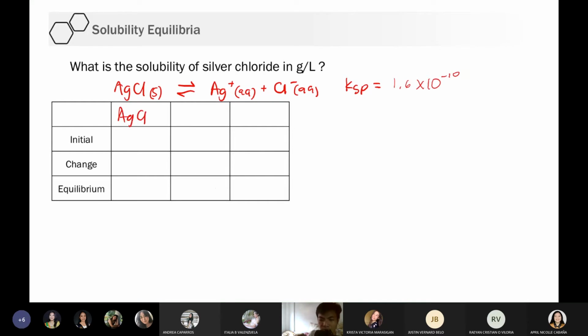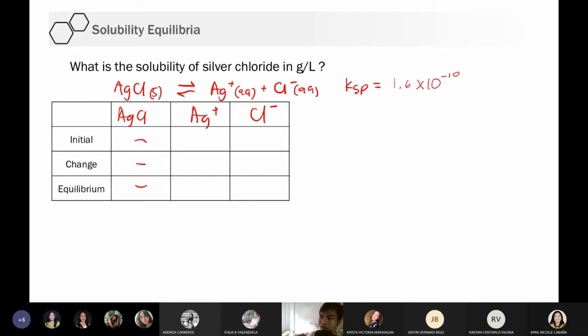So we have AgCl, Ag plus, and Cl minus. Okay, so siguro magtataka kayo, no? Ba't ko nilagay yung AgCl? Di ba sabi ko kapag solid liquid, wag ilalagay? Okay. Ang reason ba't nilagay ko yan kasi tatlo kasi yung column dito. So, iba-blank lang natin talaga yung AgCl.